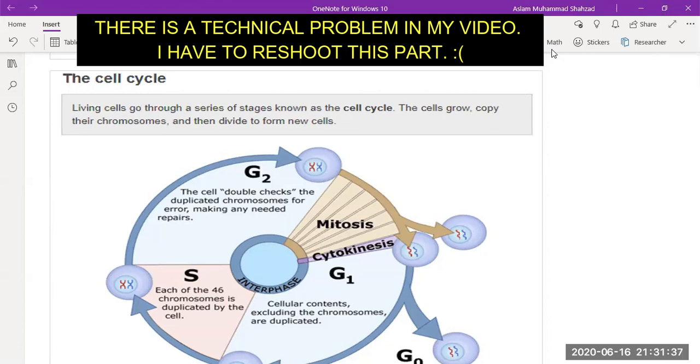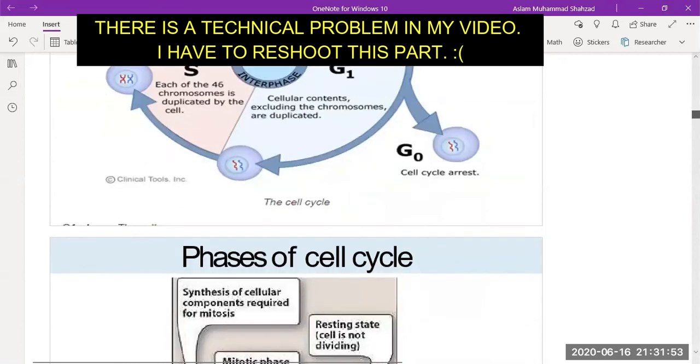Then the mitosis process that we all know, and the G0 phase where the cell cycle stops. So you already studied this in your previous lecture, so I'm not going to explain in detail. We just need to know this picture because the drugs act on different cell cycle phases.